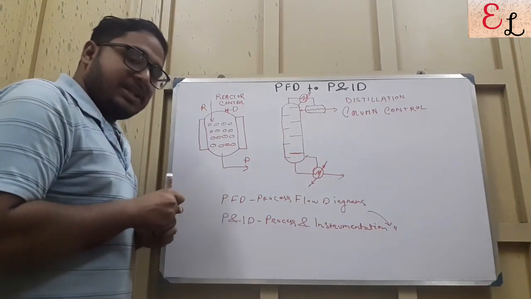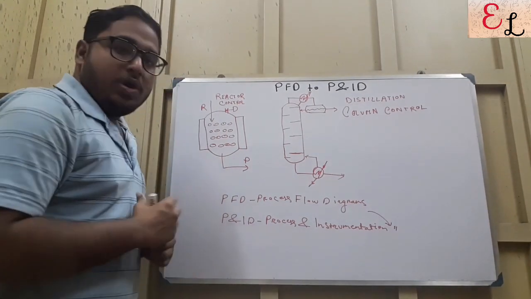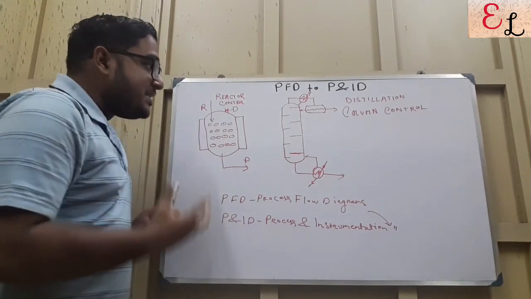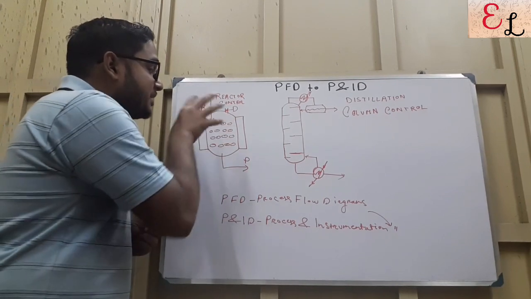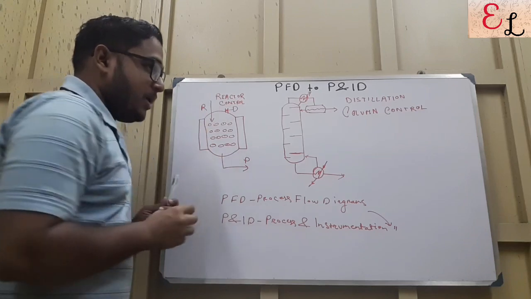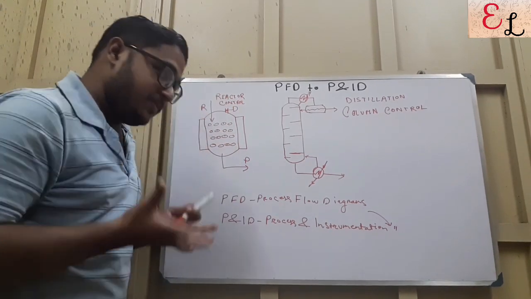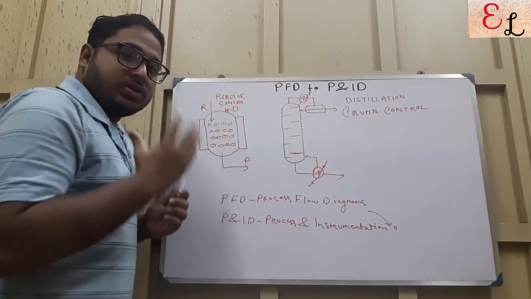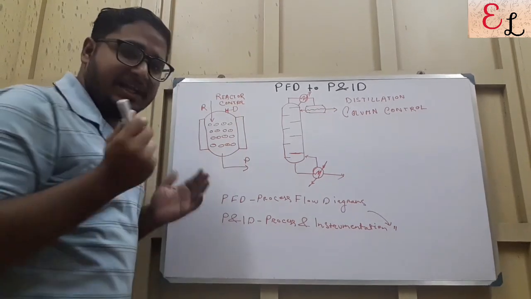If the temperature of a reactor is shooting up, you need to keep some cooling arrangements to cool it down. So these instruments that support the analysis of any change in the system and try to control it is basically the entire process and instrumentation diagram. This is what P&ID deals with.